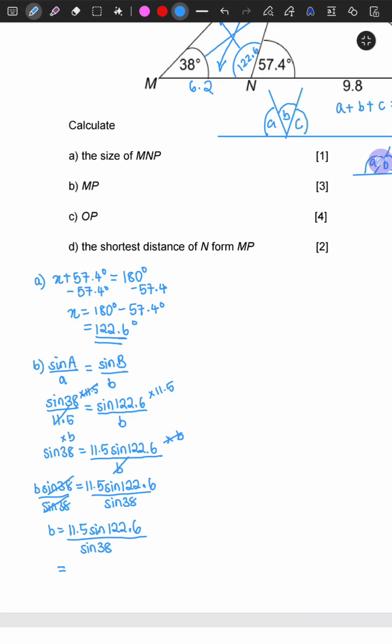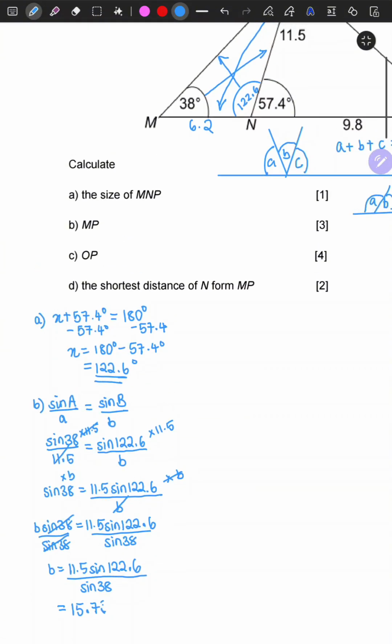So 11.5 sine 122.6 over sine 38 gives me 15.73624947.